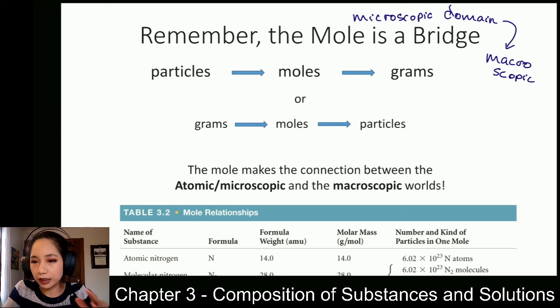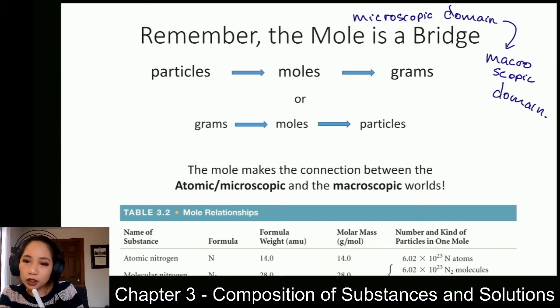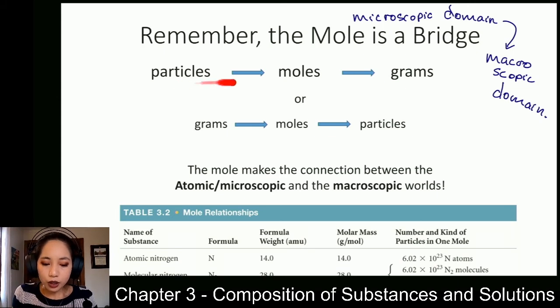Essentially lab-based things that we can touch, things that we can hold. The mole is the bridge to talk about, instead of singular individual atoms and molecules, how can we talk about samples in a number that we can actually hold? So again, you can use the mole and Avogadro's number to go from particles to grams of a substance, or from grams of a substance to particles of a substance.